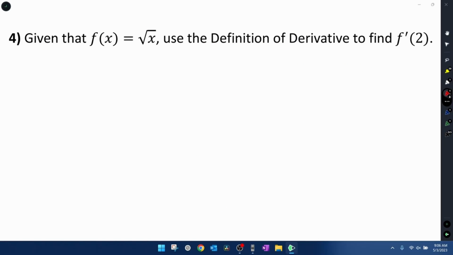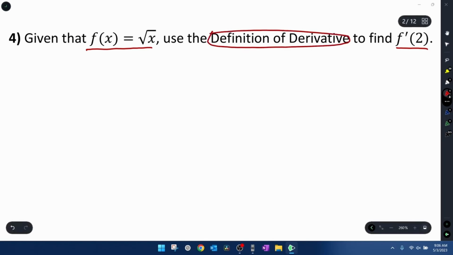Next, given that f of x is the square root of x, we need to use the definition of derivative to find f prime of 2. So this time we're going to use the definition of derivative that says the limit as x approaches our value, which in this case is 2.